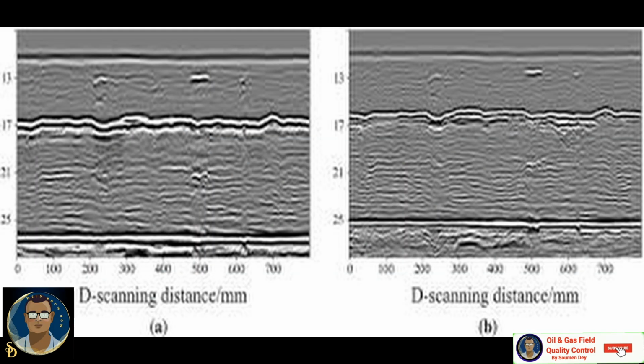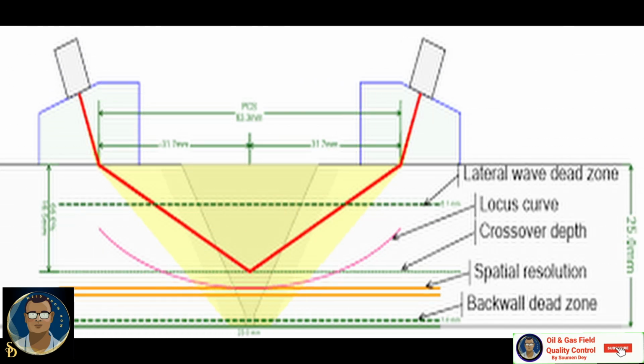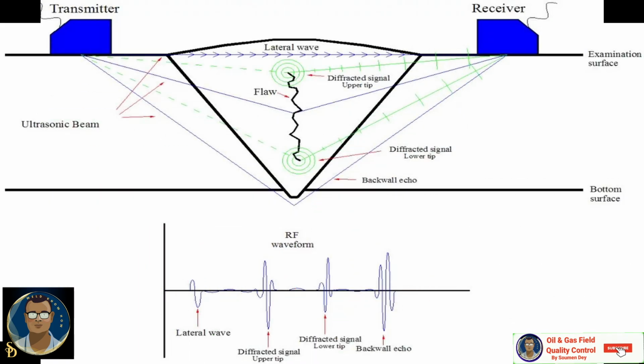Advantages: very accurate for sizing height and depth, and less dependent on operator interpretation. What are the limitations? Less sensitive to very small defects, and it has a dead zone near the surface. This is a limitation. When you talk about TOFD, you can think of it as a precision measurement of crack size. So it is a master of crack detection, you can say.